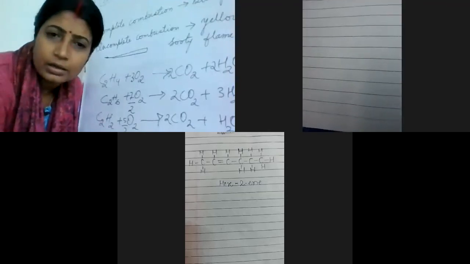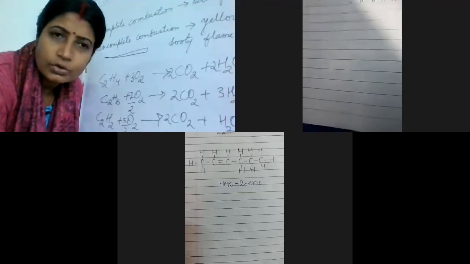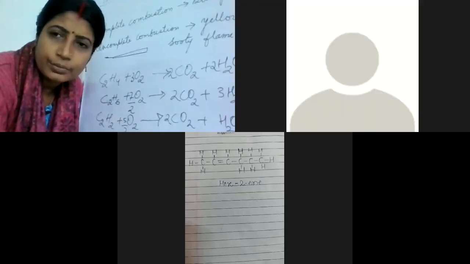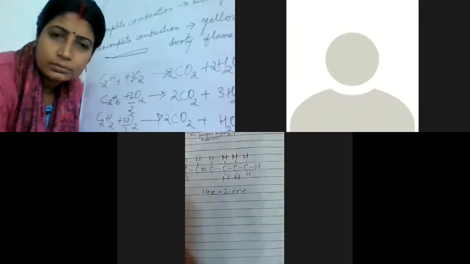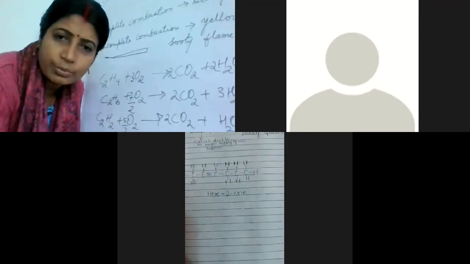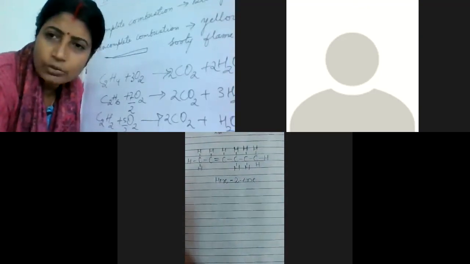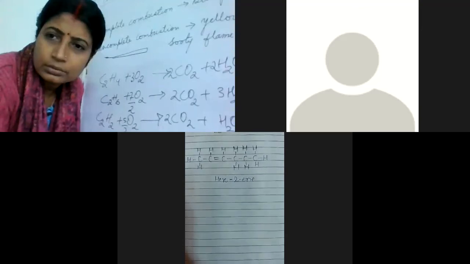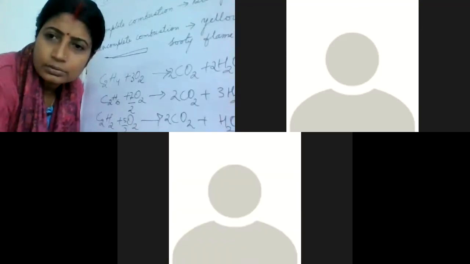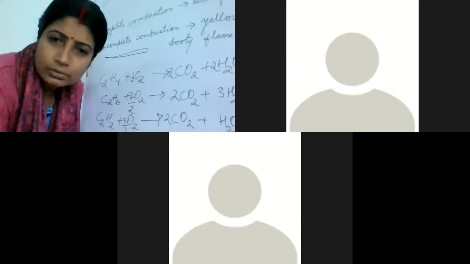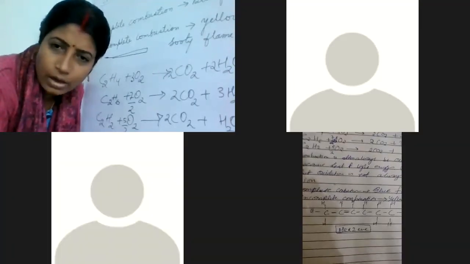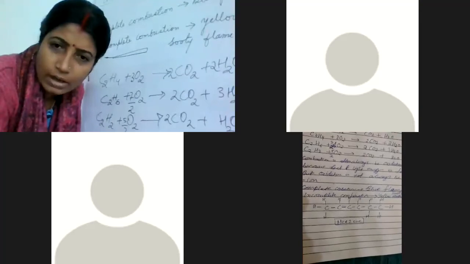Ratan corrected. Priya, show me your notebook. Priya. Correct. Priya, correct. Anurag. Where are you, Anurag? हाँ, ये अनुराग है. हाँ, Anurag, correct.